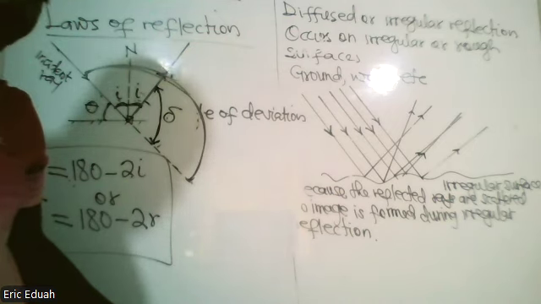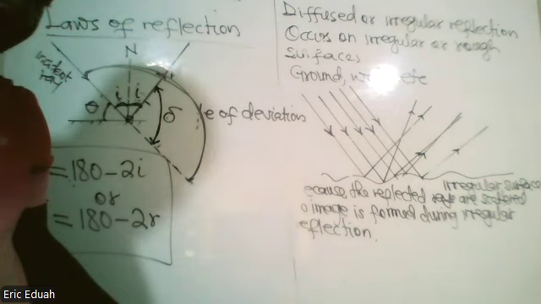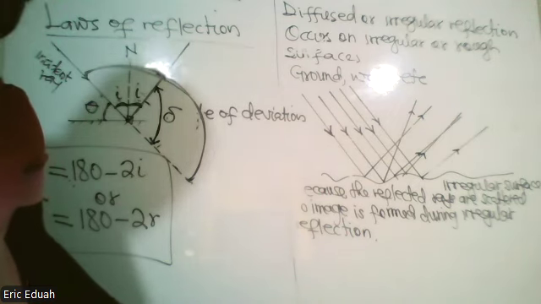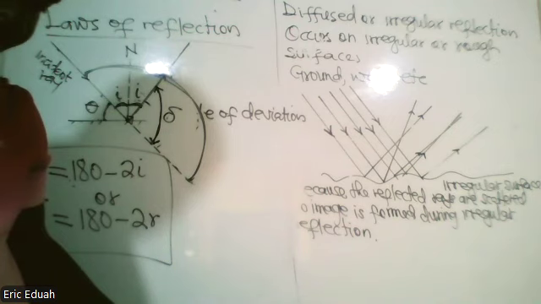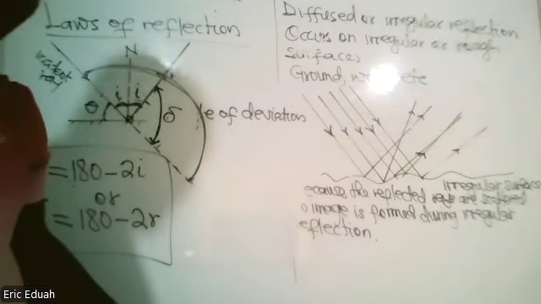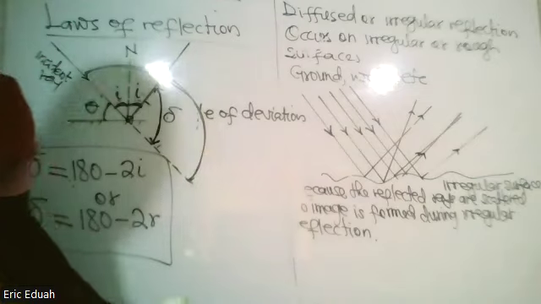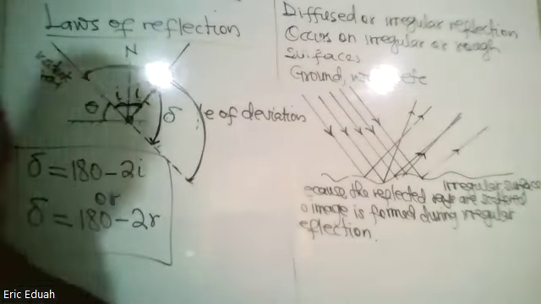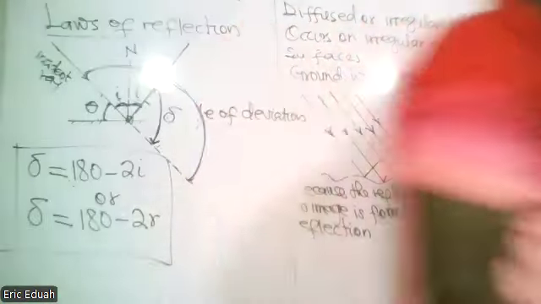Calculate the angle between the incident ray and the reflected ray, and calculate the angle of deviation. I think 2 minutes can do.